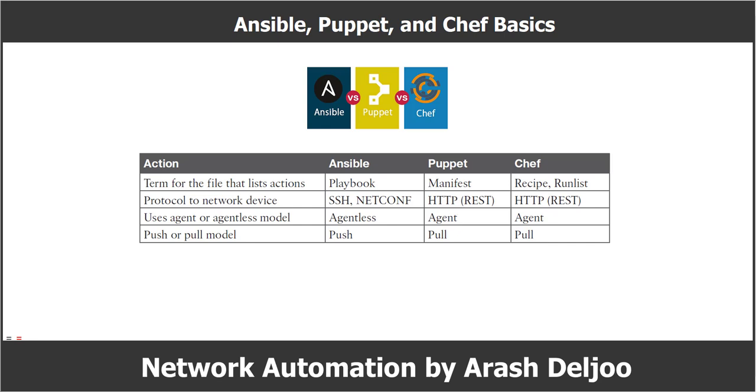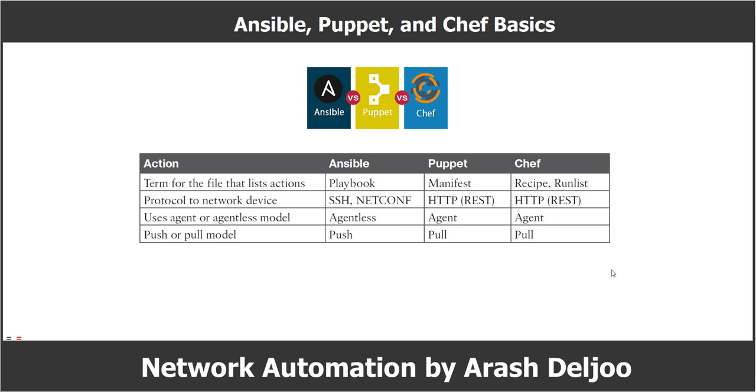Ansible's agentless architecture and the use of SSH provides support for a wide range of Cisco devices. Puppet's agentless model also creates wide support for Cisco devices. This table summarizes a few of the most common ideas about each of the three automated configuration management tools. Note that the column for Puppet assumes an on-device agent.